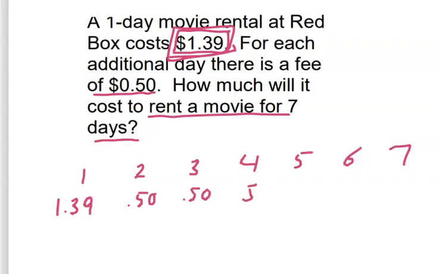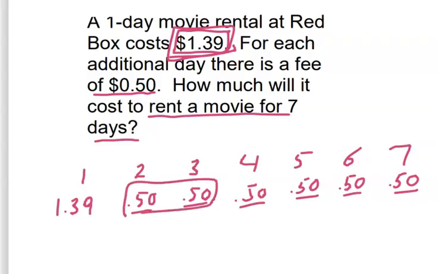All right. It's going to take longer to write all this and talk about it, of course. So 50 cents and 50 cents. So how many days are we paying 50 cents? Well, there's 1, 2, 3, 4, 5, 6 days that are 50 cents.